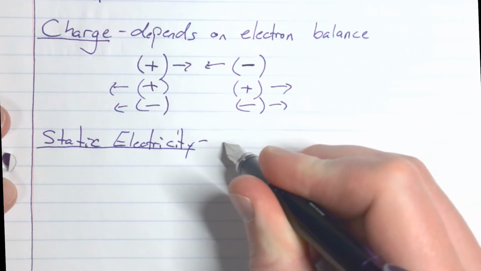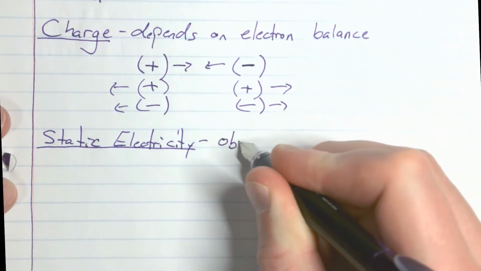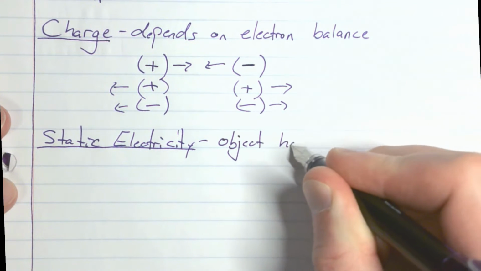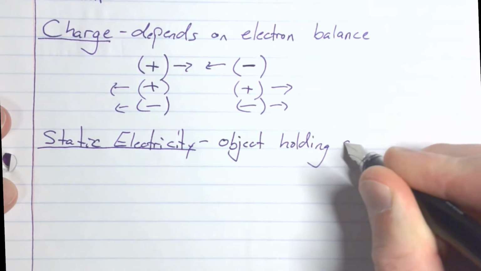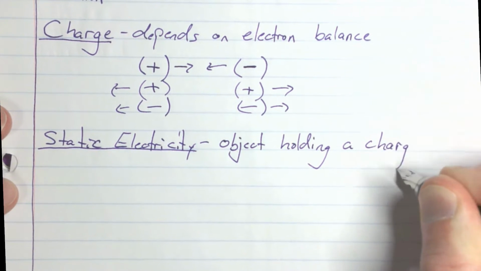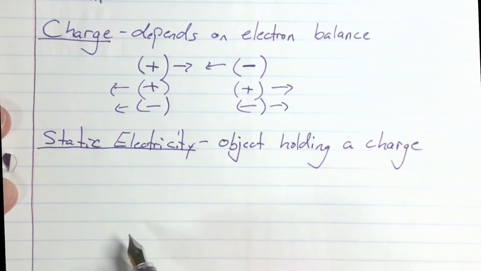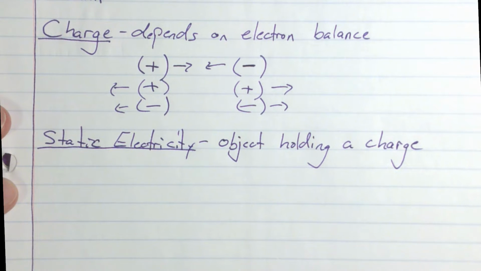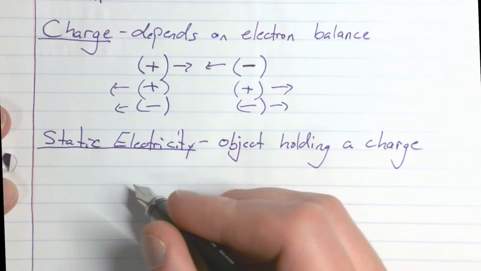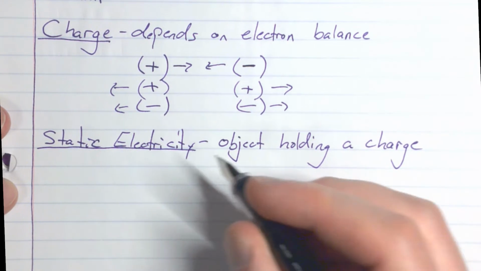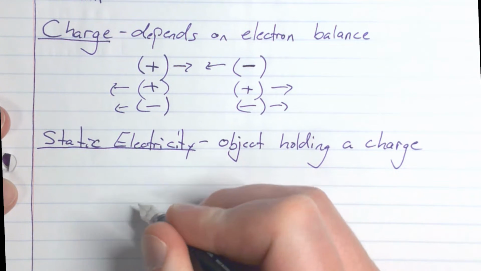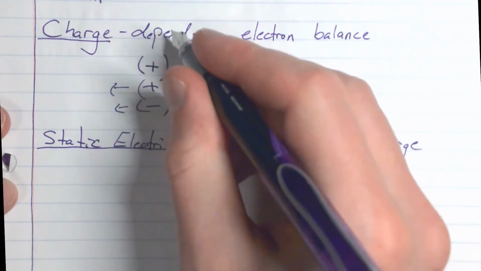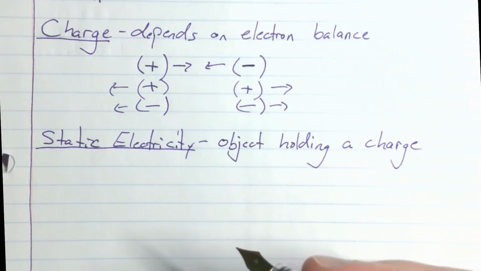So I'm going to say an object holding a charge. How do I write this? It's basically this. I don't want to write that twice. All right, let's move on.